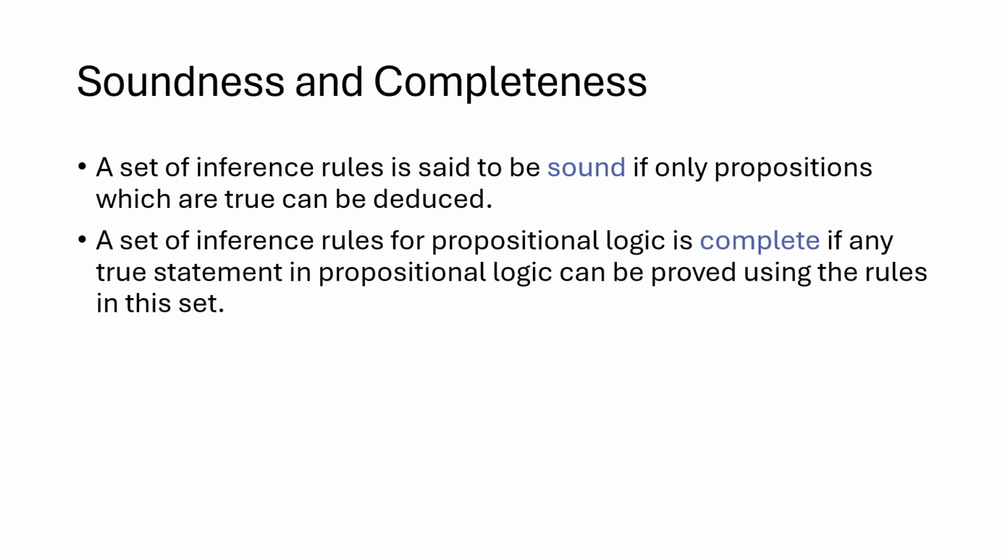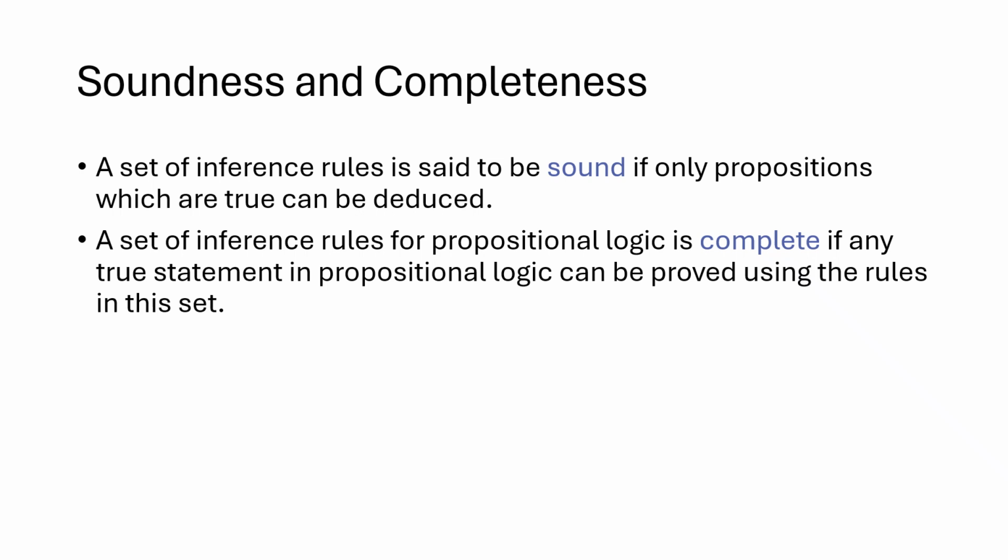On the other hand, ideally we want our set of inference rules to be complete, which means that any statement that is true, any propositional formula that is true, should be provable in the system. Okay, so that's called completeness, which means we can prove every true statement in propositional logic using our rules. And then on the other hand, soundness means we cannot prove anything beyond that. We cannot prove anything that is not true. Anything that is false shouldn't have a proof.